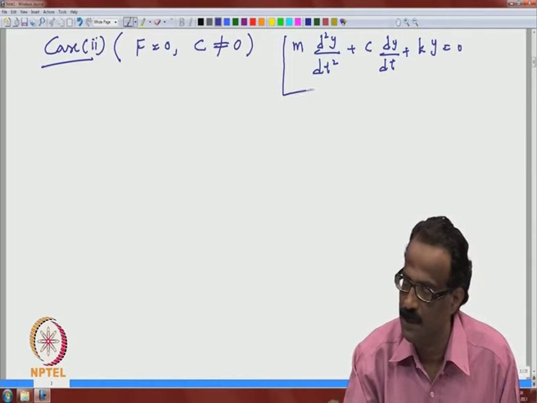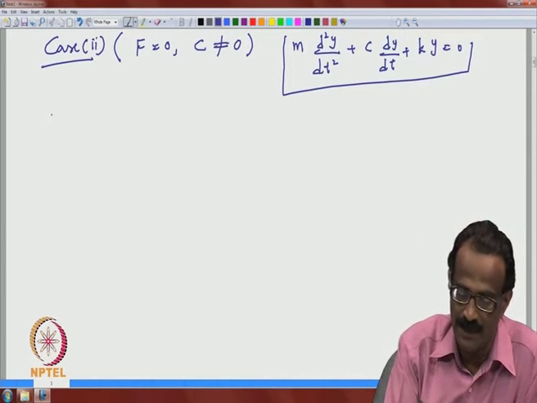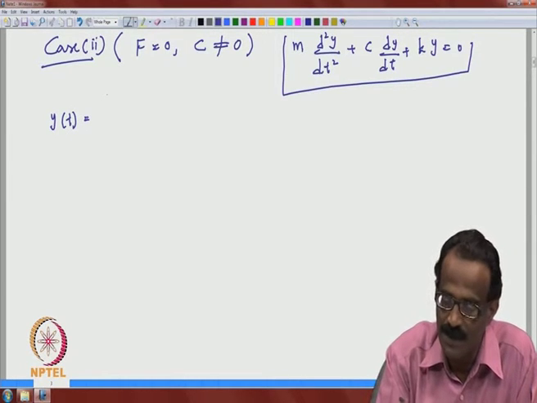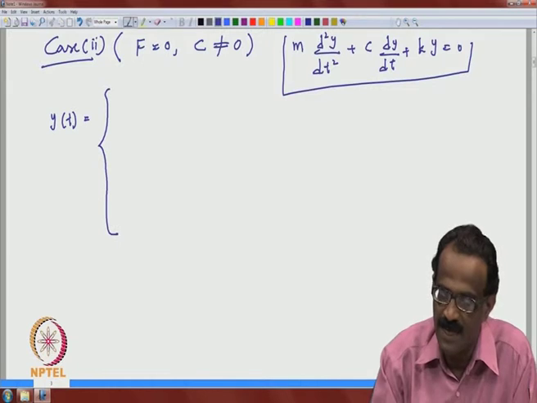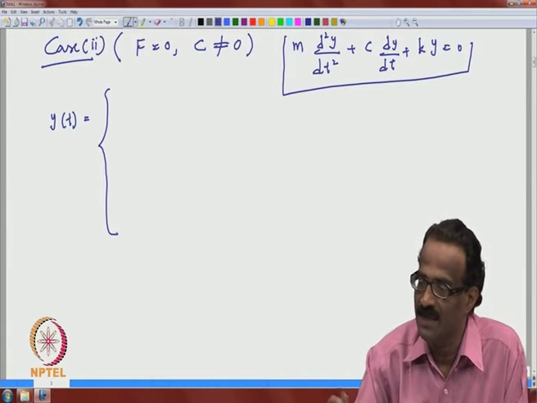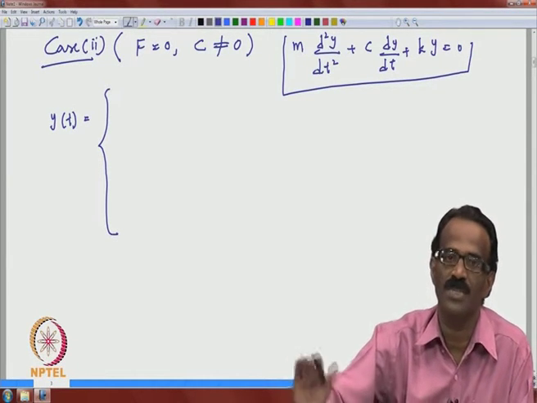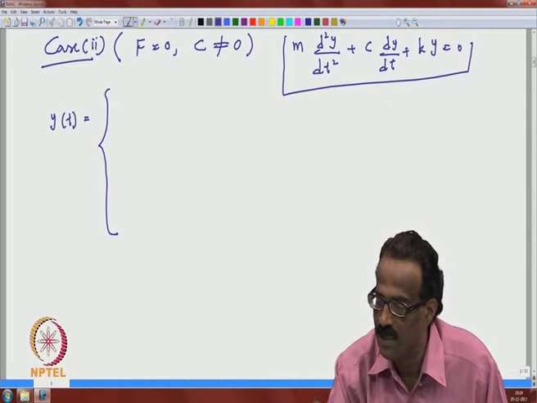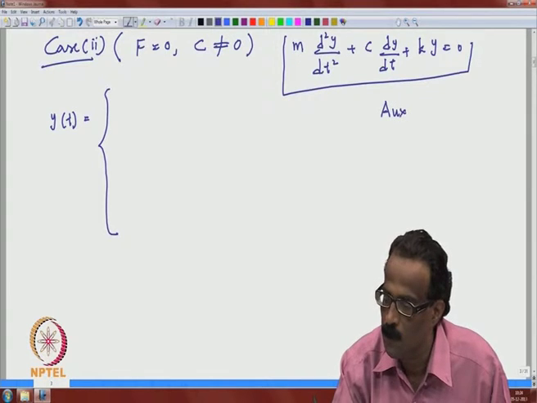This is your equation, and let me write down the solution again. You will know how to find the solution. Let me write down the solution in different cases. It depends on the auxiliary equation, and you look at the roots of this auxiliary equation. What is the auxiliary equation here?